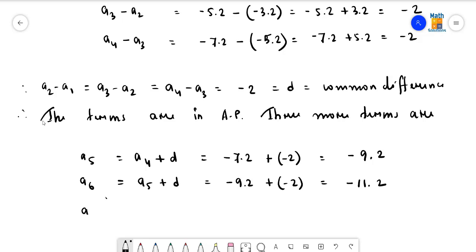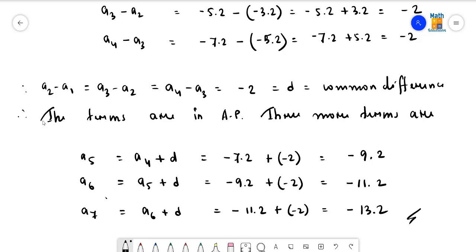Similarly, A7 is equal to A6 plus D is equal to minus 11.2 plus minus 2, it is minus 13.2, and this is the answer.